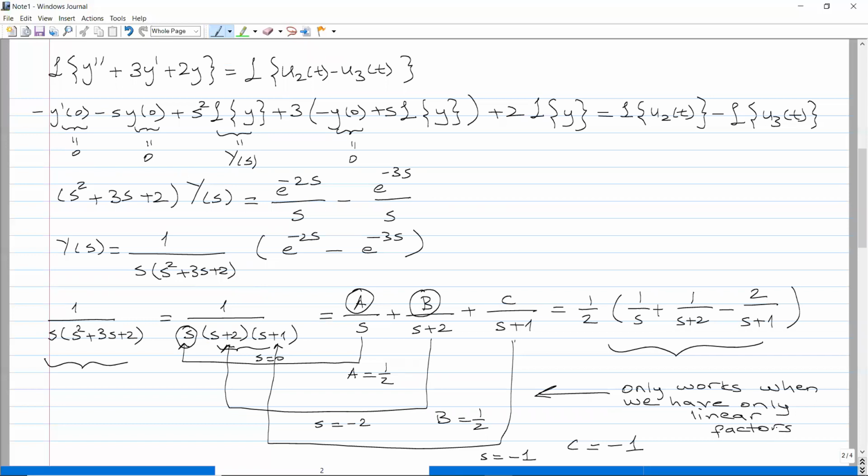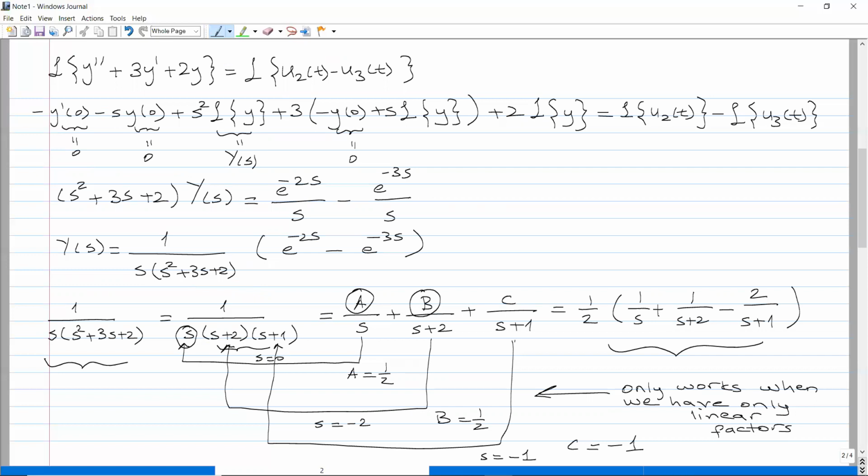So if you have something like s squared plus 1, a second degree factor in the denominator, this method doesn't work. It only works for linear, meaning first degree terms in the denominator. So the other method is more sure.